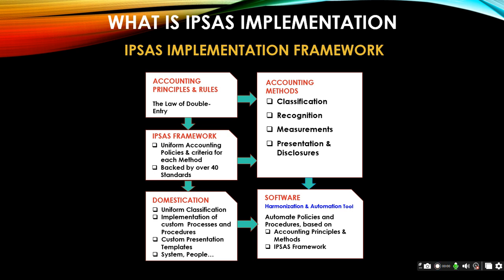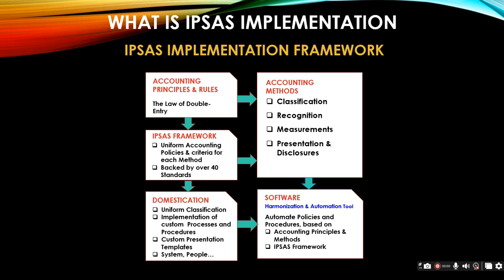Accounting rules and principles remain the same. IPSAS does not change those rules. Accounting methods, which include classification, recognition, measurement, and presentation, are a standard process in accounting. IPSAS does not change that either.